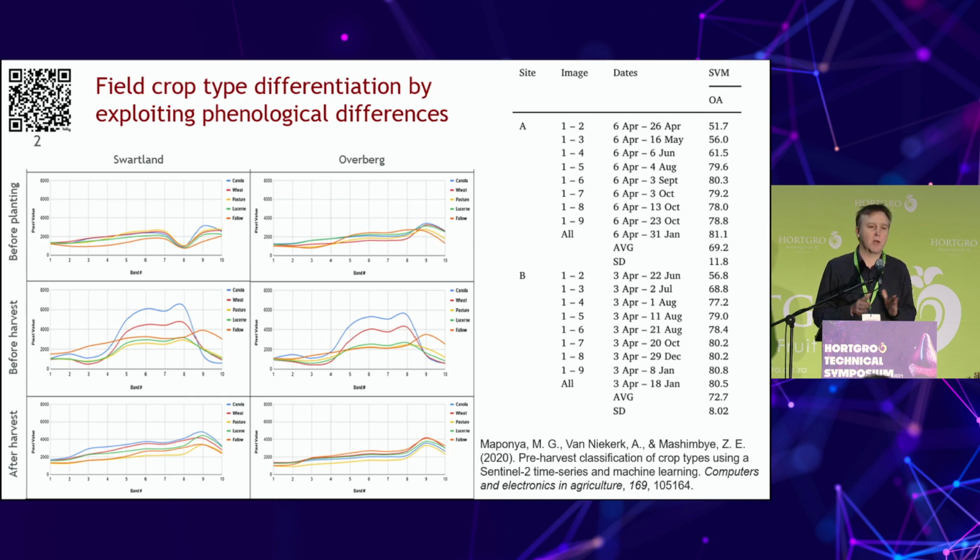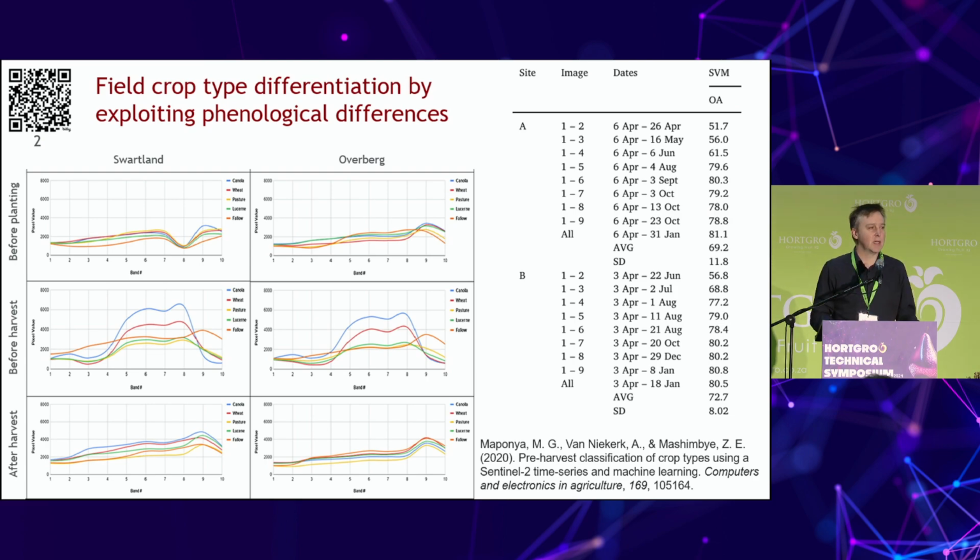The purpose of this research was to determine how soon in the season we can differentiate these crops, because if you can differentiate among these crops early on, you can predict what the yield is going to be, and that is obviously very important for commodity trading and for food security purposes.